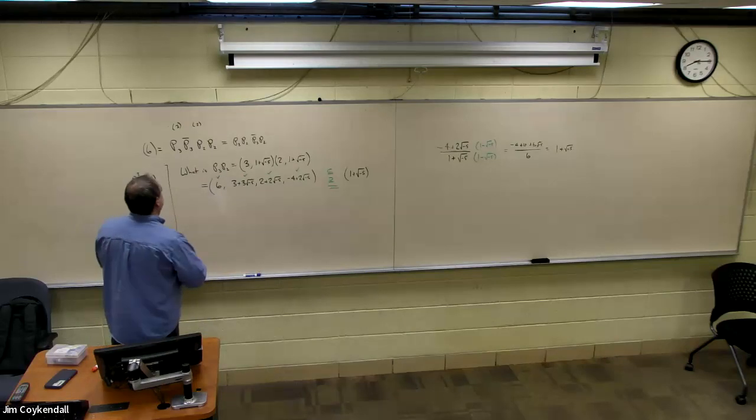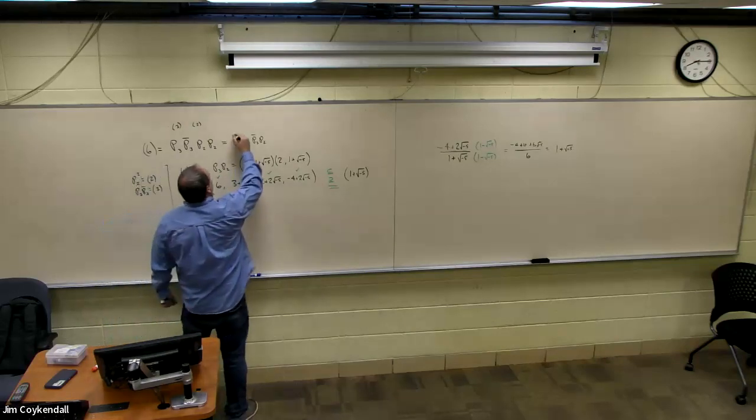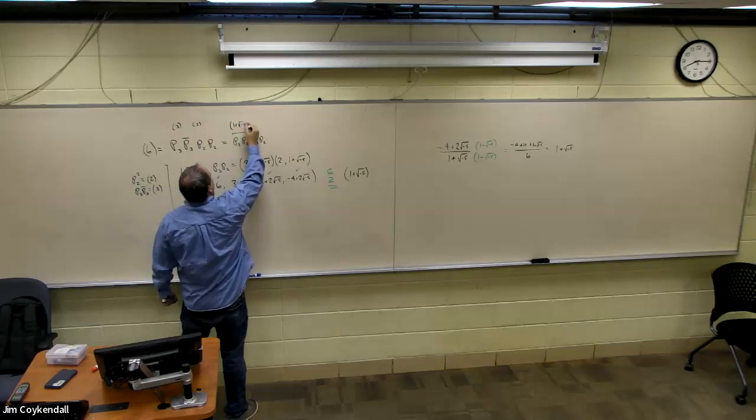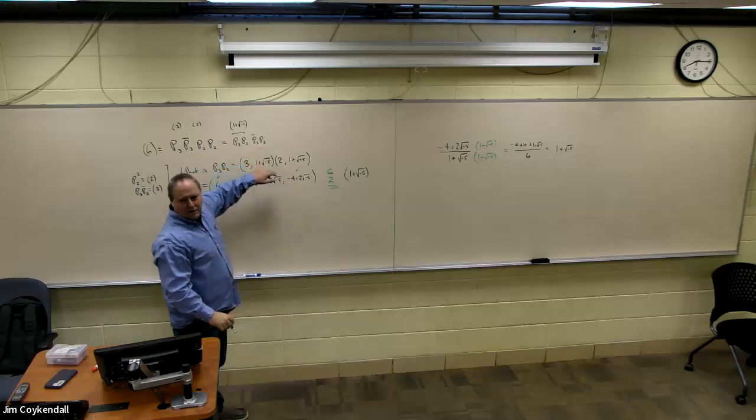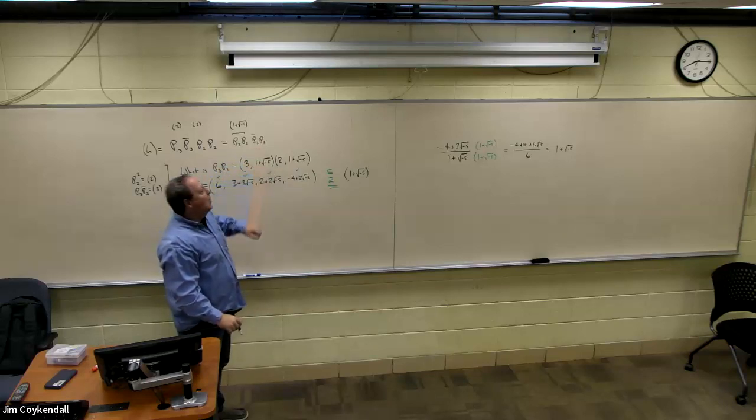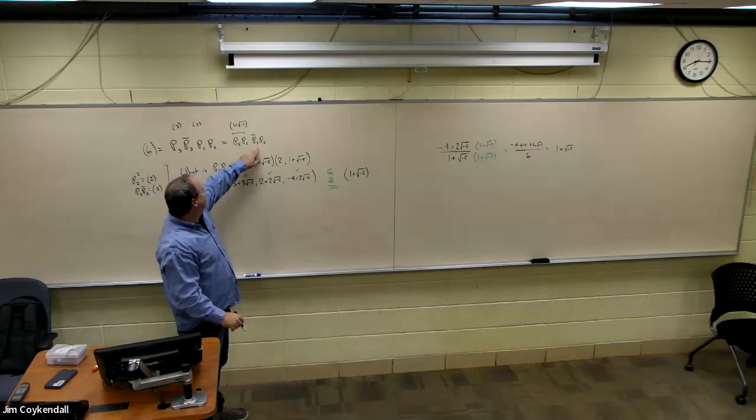So this turns out to be the ideal generated by that. Oh dear, I've got to do another computation. What's a quick way to see what this one is? That's right.